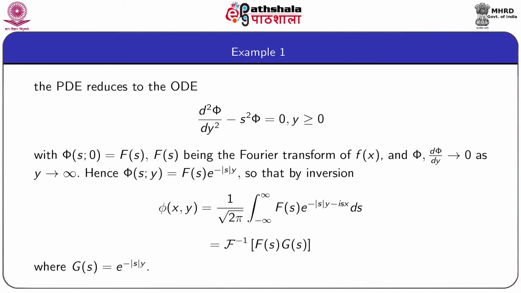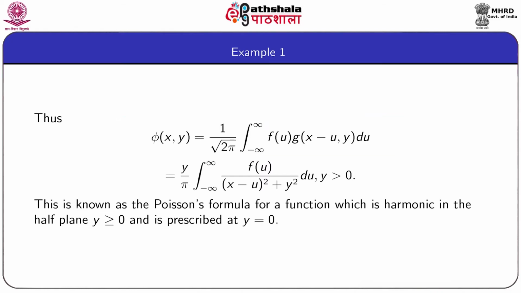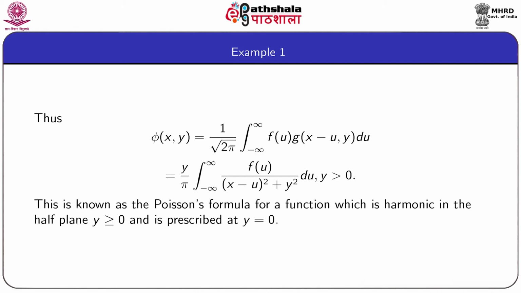So, to find out the inversion, that is to find out small phi, we use the convolution theorem to write phi(x,y) as 1 by root over 2 pi, integral from minus infinity to plus infinity of small f(u) into g(x minus u, y) du, and we know the form of g(x,y), so we substitute that to obtain phi(x,y) as y by pi, integral from minus infinity to plus infinity of small f(u) divided by ((x minus u) whole square plus y square) du, where y is positive.